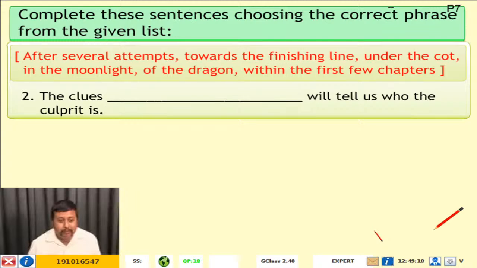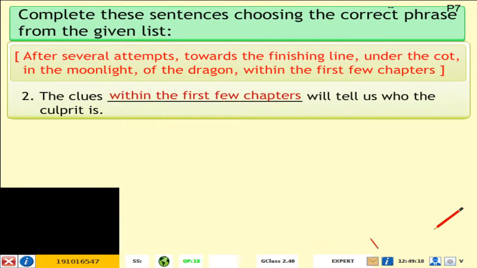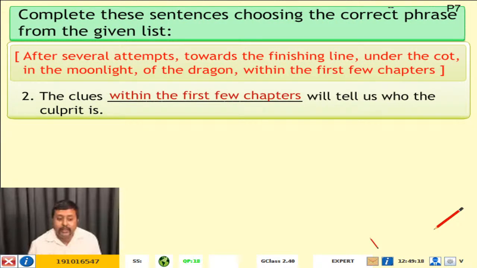The clue is already there. Towards the finishing line? No. The right answer here would be what? Very good. It's within the first few chapters. The clues within the first few chapters will tell us who the culprit is.